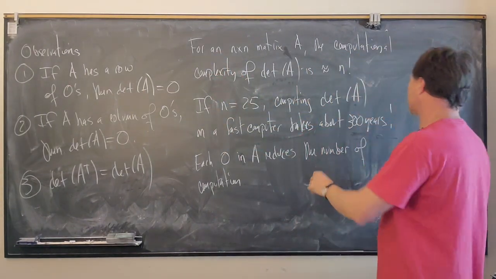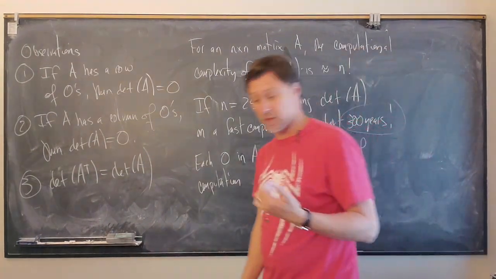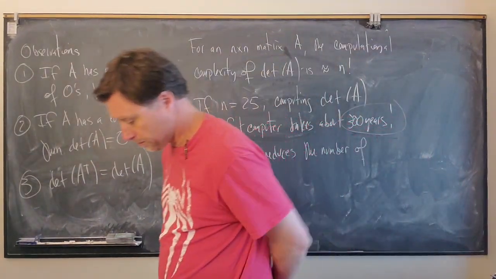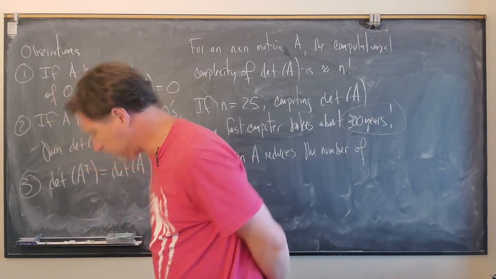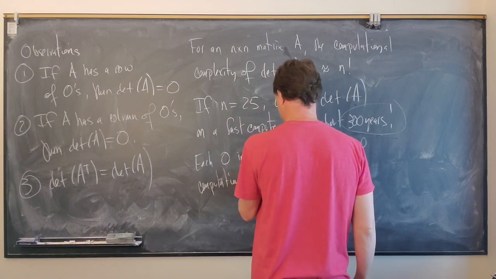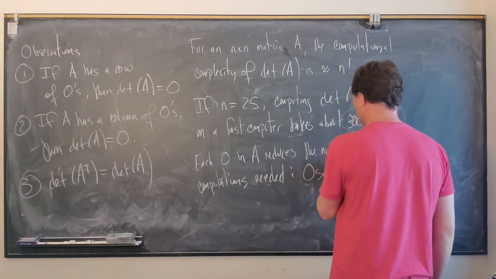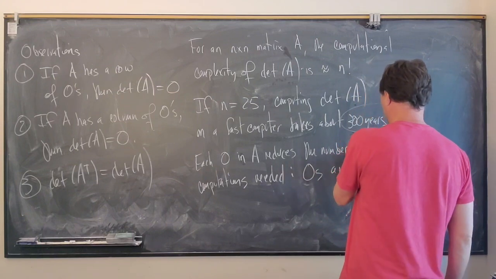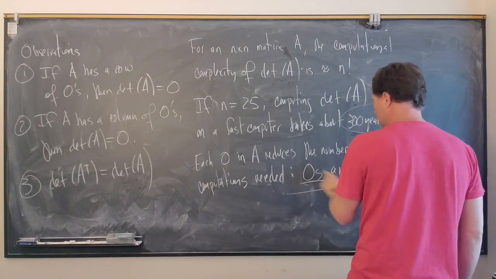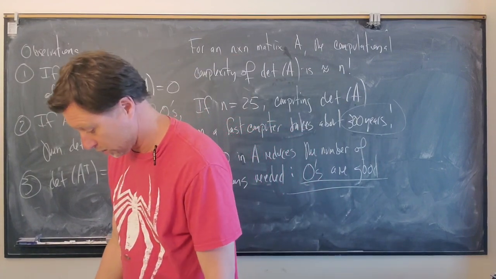And so this 300 years will no longer be in effect. We can actually do the computation fairly quickly. Zeros are good, good meaning it makes life easier when it comes to doing the computation.